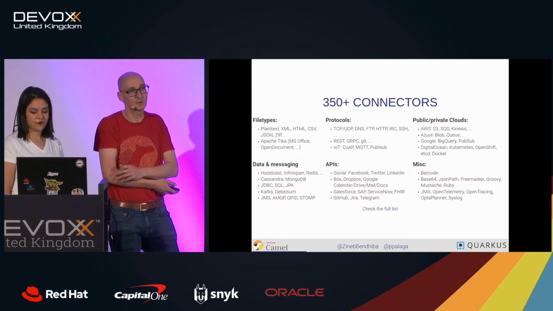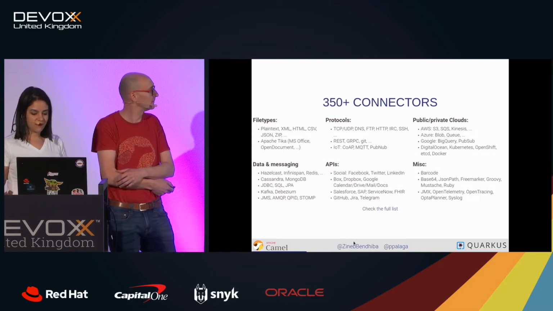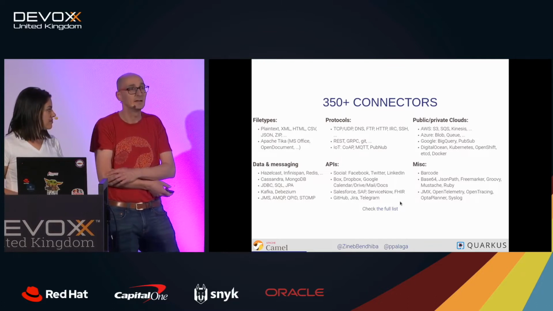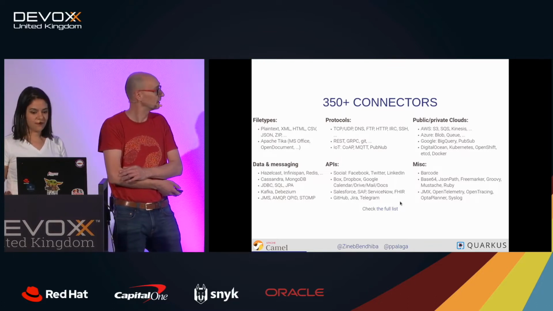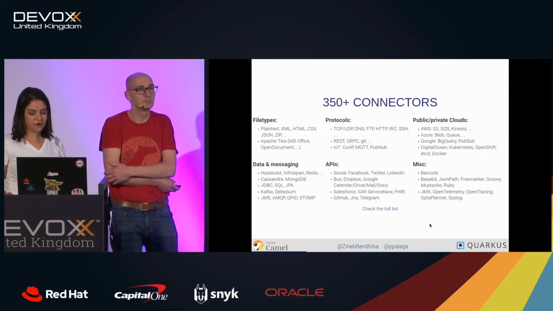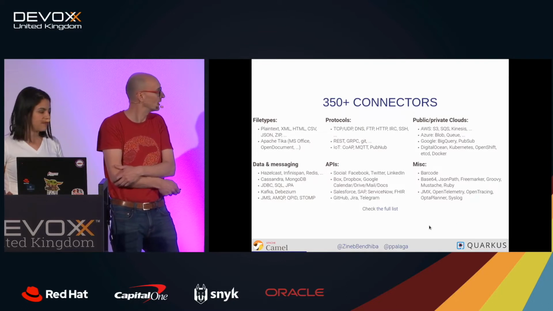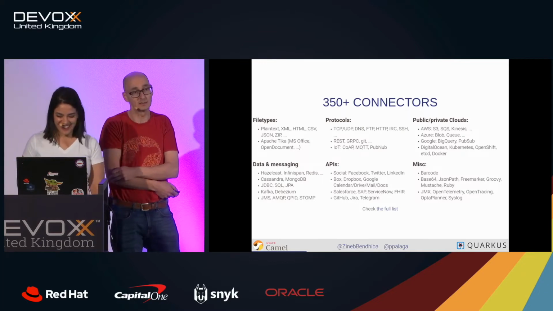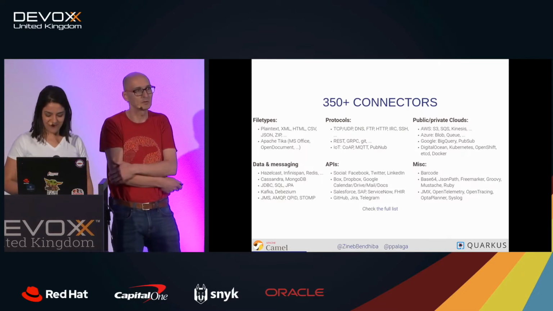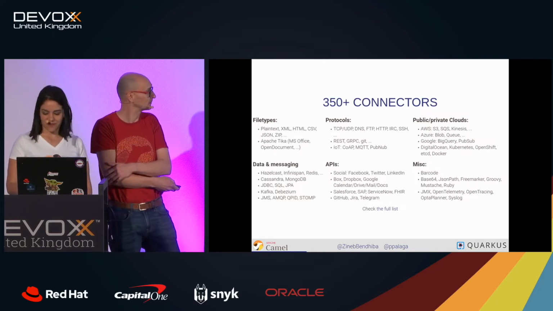If you are interested to see the full list, you can follow this link, and we are going to post the slides after this presentation on our Twitter handles, which can't be read well here, but we can somehow switch to a view where you can see the handles.